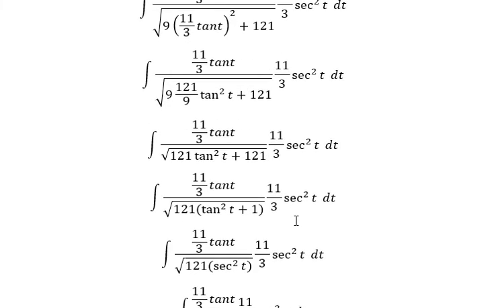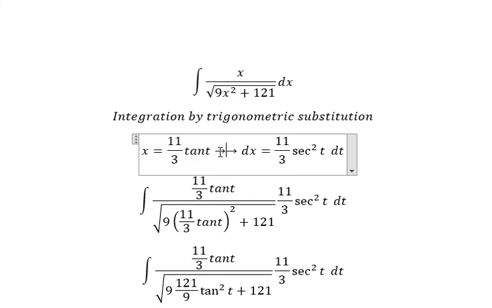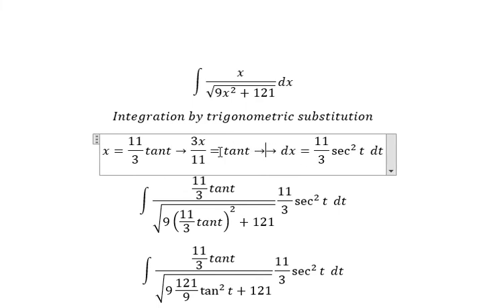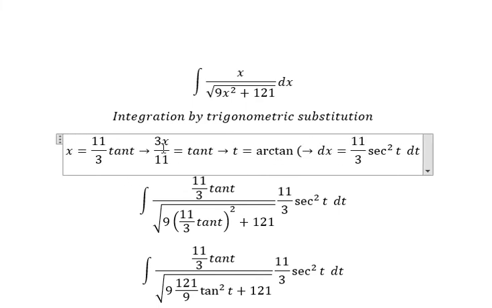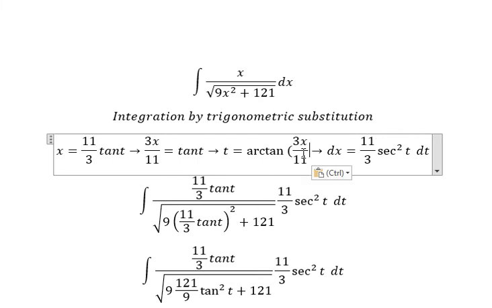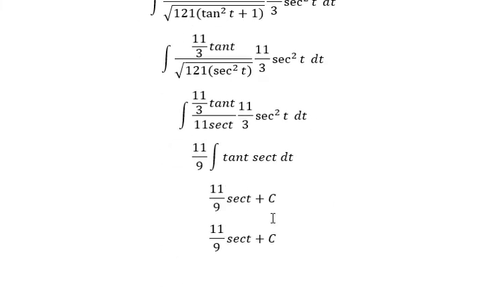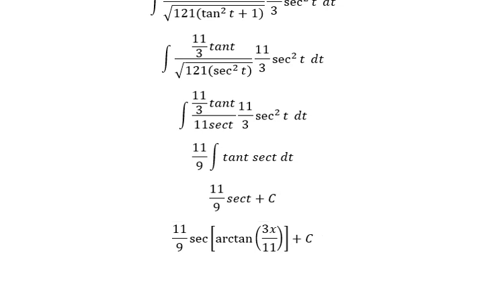About t, that is this one. So I will put 11 over 3 to the left, and you get 3x over 11. And we get t equals arctan of this. So I will put this in to replace t, and this is the final answer.